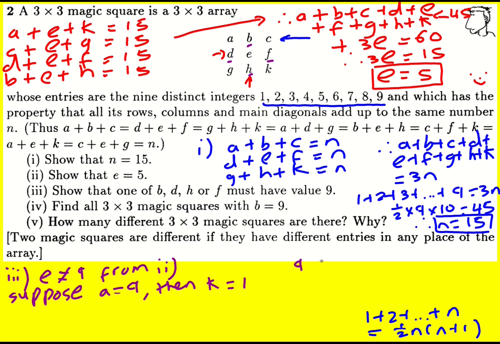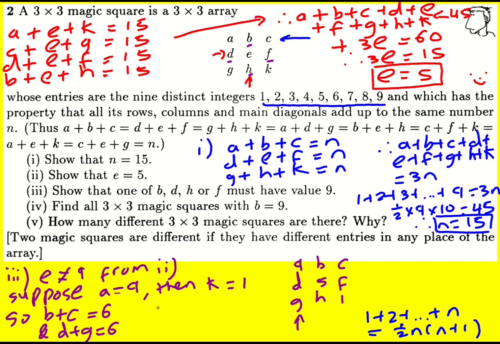So we'd have 9, B, C, D, 5, F, G, H, 1. So B plus C would have to equal 6, and D plus G would have to equal 6 to get our magic number of 15 overall.